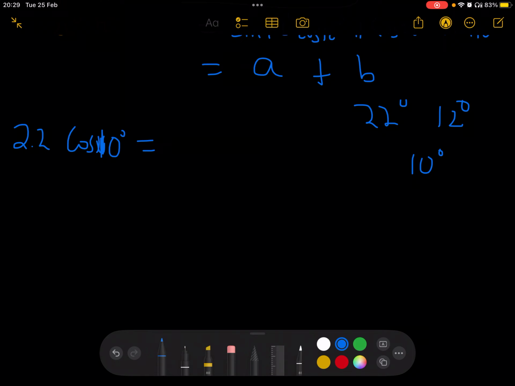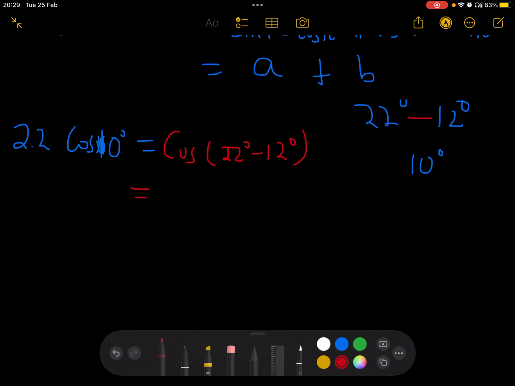By subtraction. So if we subtract these two, this would be cos of 22 degrees minus 12 degrees.